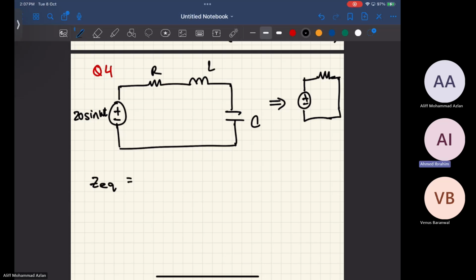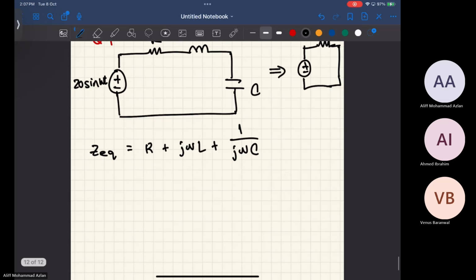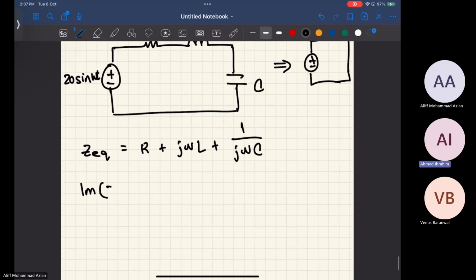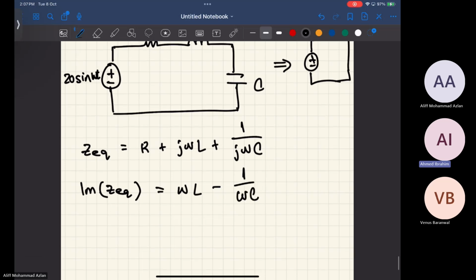So our equivalent impedance is R plus j omega L plus 1 on j omega C. So then the imaginary part of the impedance is omega L minus 1 over omega C. And we set that equal to 0 and then solve for omega 0, which is the resonant frequency.